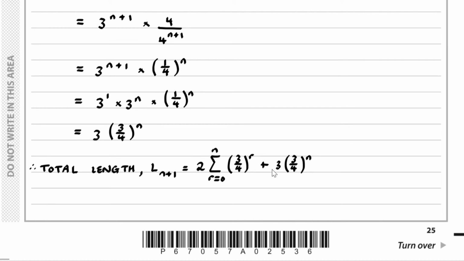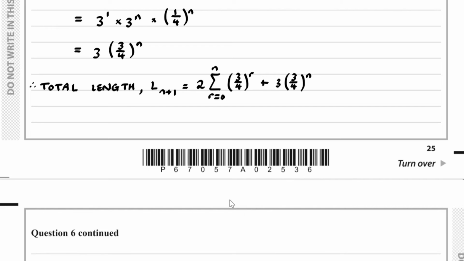And what we need to do is see what happens when n tends towards infinity.